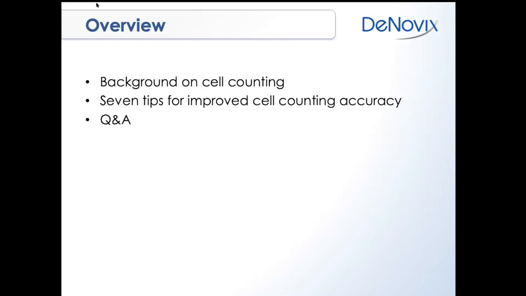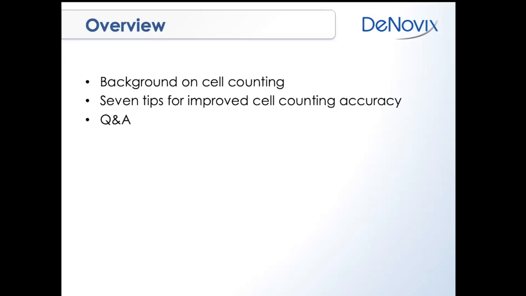So the flow here, we're going to do just a quick background on cell counting. That should only take a few minutes, and then we'll go into the 7 tips for improved cell counting. And then at the end, I actually have a cell drop where I'm in the lab here at DeNovix. So I have a cell drop and some live cell samples with me.